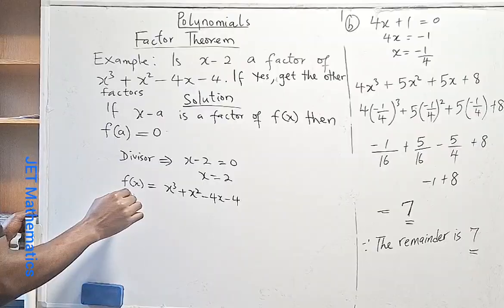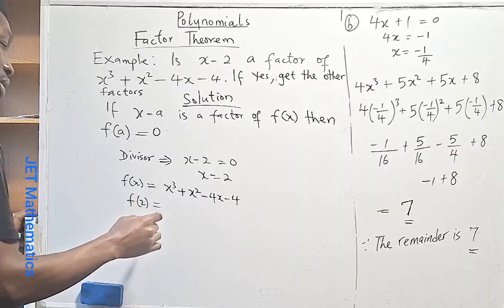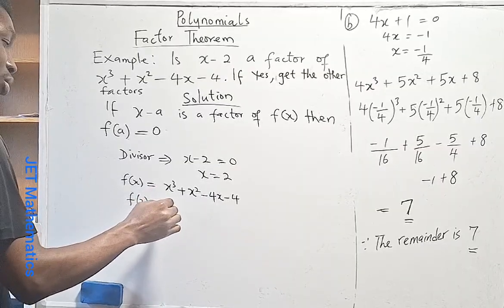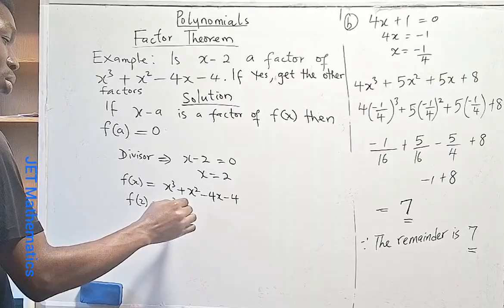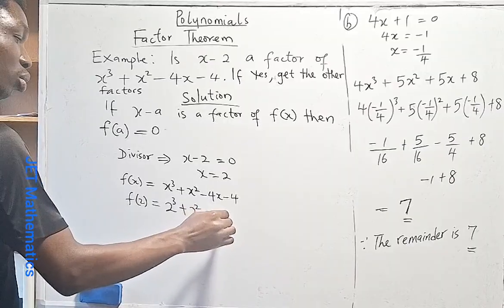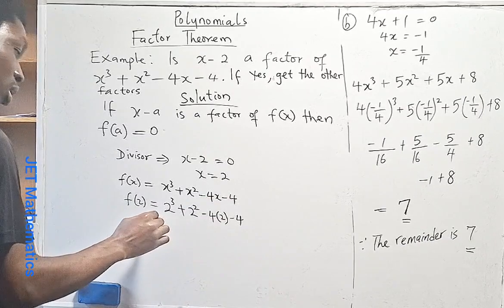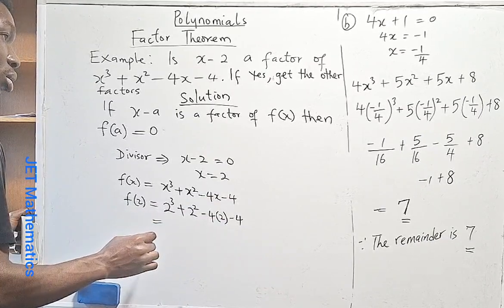So f of 2 now is 2 cubed plus 2 squared minus 4 bracket 2 minus 4.